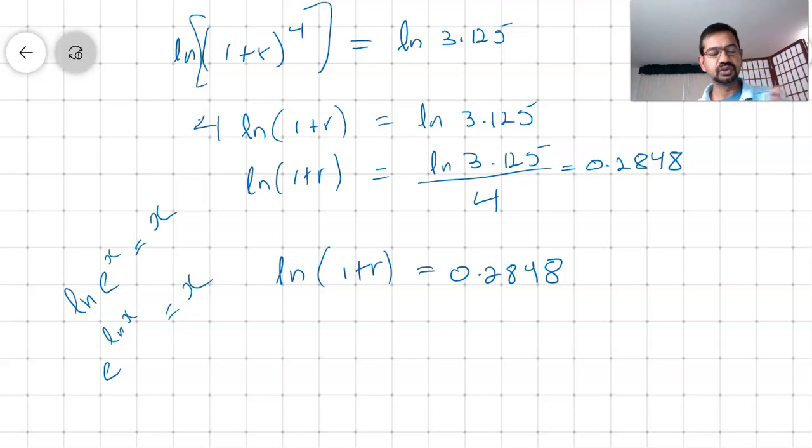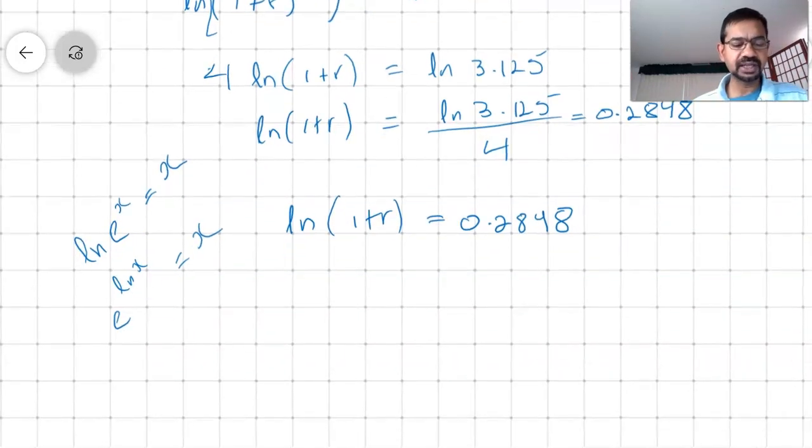So these two will work in both directions. Essentially, log is the opposite of the exponential function. So if we take the log of e^x, we get the exponent back. If we take the exponent of log of x, we will get x back. So think of log and exponential functions as canceling each other out.